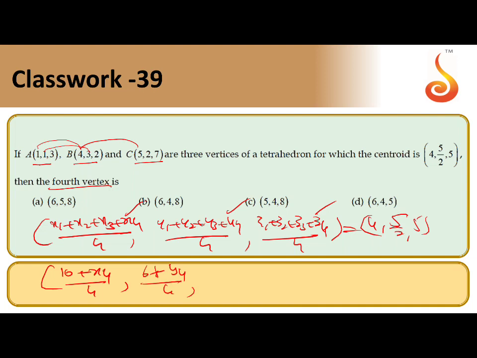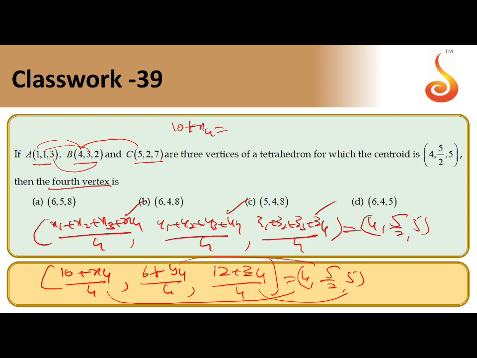And z1 plus z2 plus z3: 3 plus 2 is 5, 5 plus 7 is 12, so (12 plus z4) by 4, equal to (4, 5/2, 5). Equate each one and solve for x4, y4, z4. The first one: 10 plus x4 equals 16, so x4 equals 6.